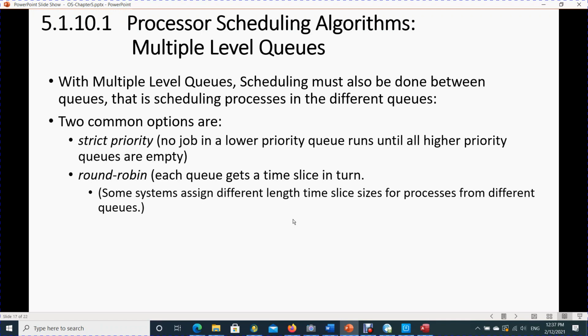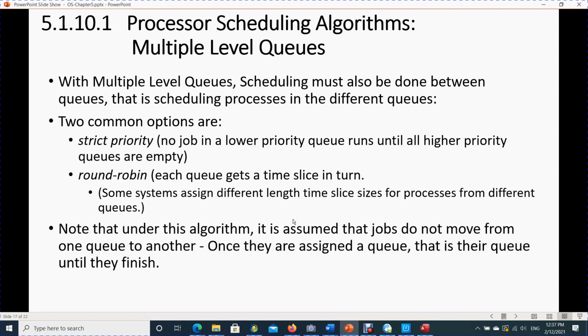Some systems have different time slice lengths for processes from different queues. With this algorithm, it's assumed that jobs don't move from one queue to another. Once they're assigned to one queue, that's the one they're in until they run and finish.